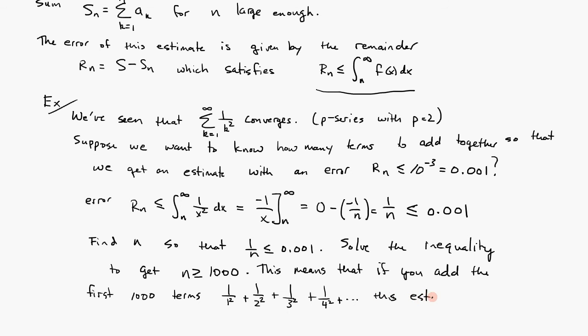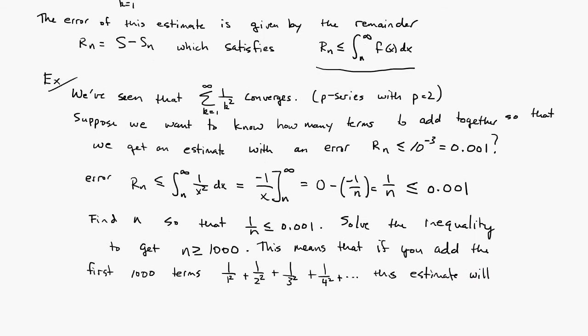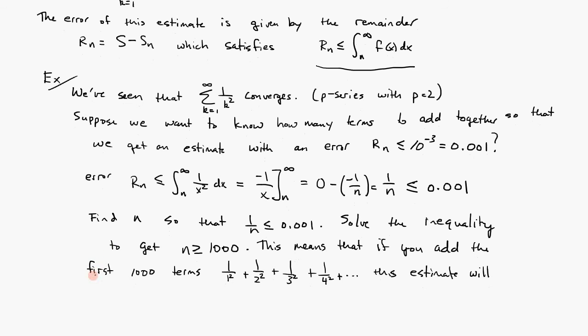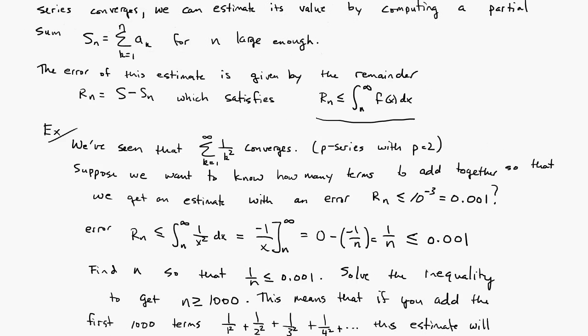This estimate will be within 3 decimal places of the actual value. So you can use this formula to estimate the error of a partial sum.